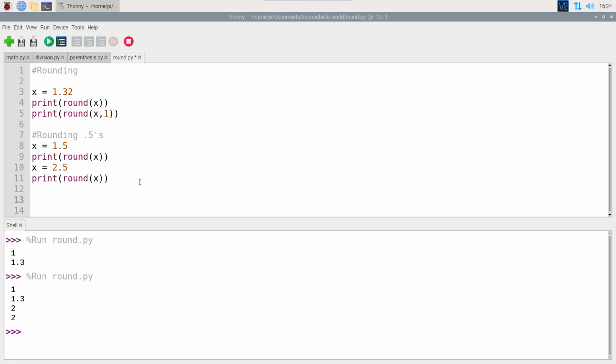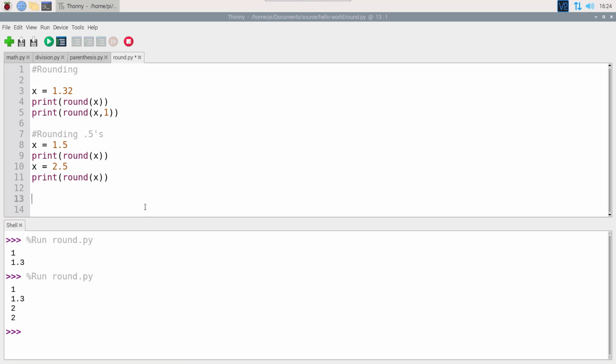Whenever I have something that's less than 5, it's going to go down, or something greater than 5, it's going to go up. Now let's look at the rounding function whenever it comes to different kinds of precisions as well, whenever I'm dealing with some of those issues where I have a long sequence of zeros or a long sequence of nines.